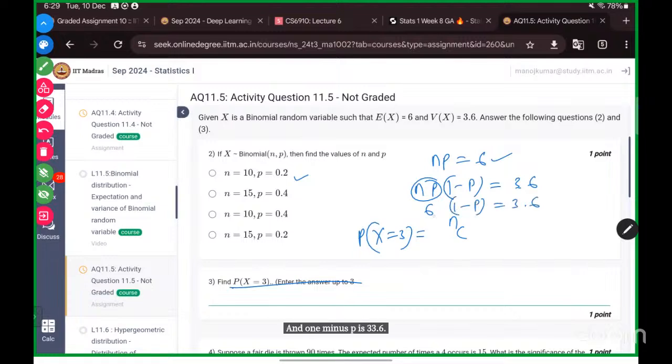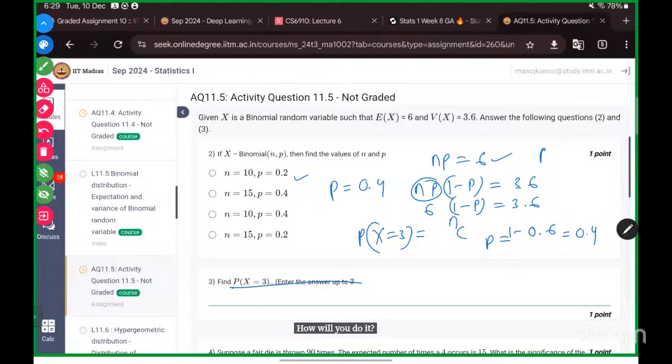So from this you can say p equal to 0.4, I guess, since 1 minus 0.6 is 0.4. So 0.4 is the p, and np is 6.